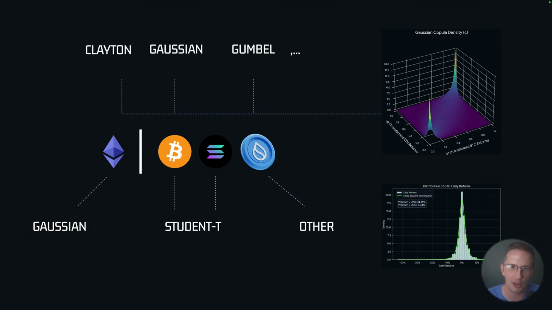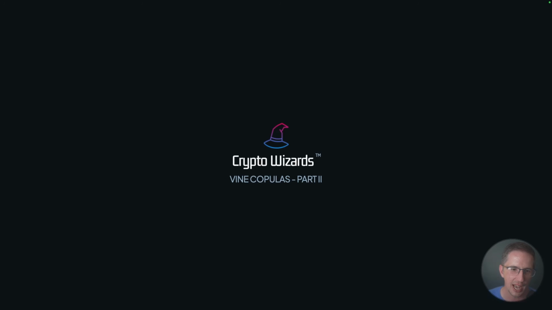And so we're now left with this issue of, I want to understand where is Ethereum versus these other cryptos? Is there an opportunity to potentially trade over here? But I can't, because I don't have a math formula that kind of perfectly describes them and shows me that there's an opportunity. And that here is really part two, where we talk about Vine copulas.